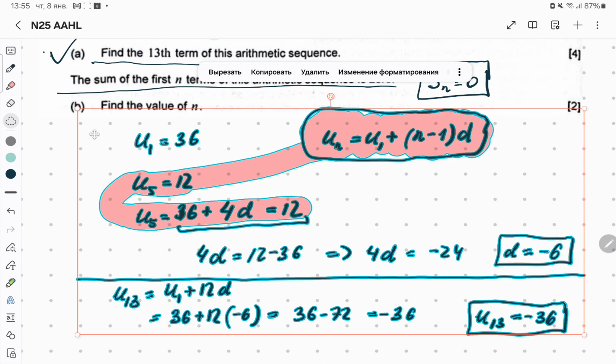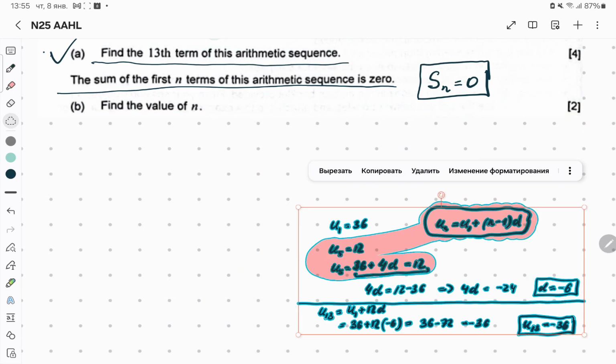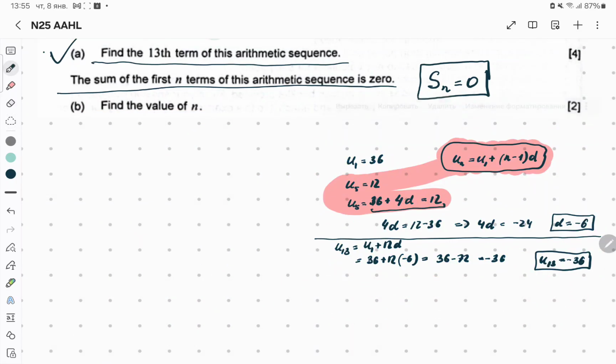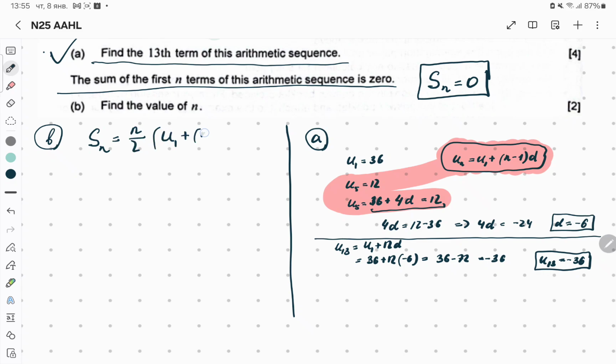The sum formula is also given in the formula booklet. Here is part A, and here I'm going to write part B. The formula of the sum looks like this: n over 2 times (2u1 plus n minus 1 d). Now what we know and what we don't know.